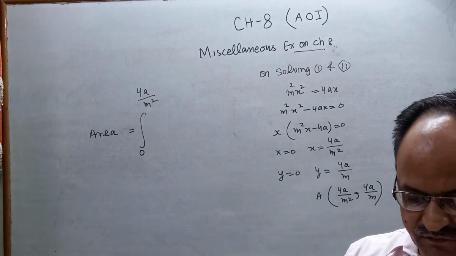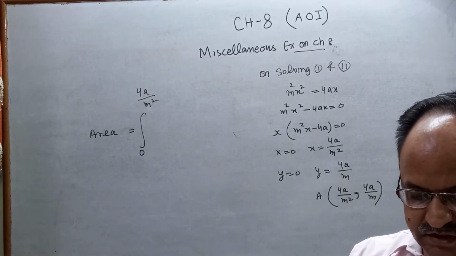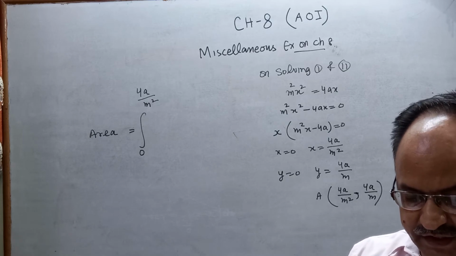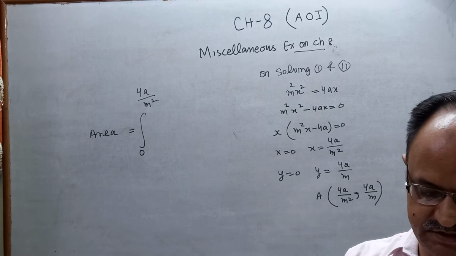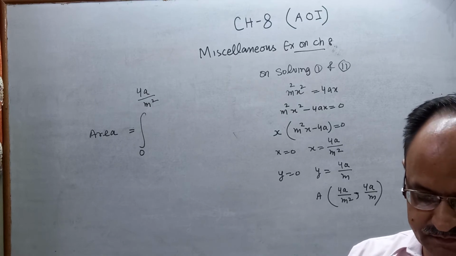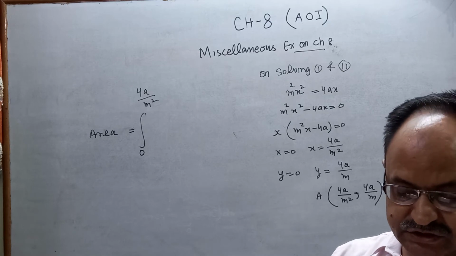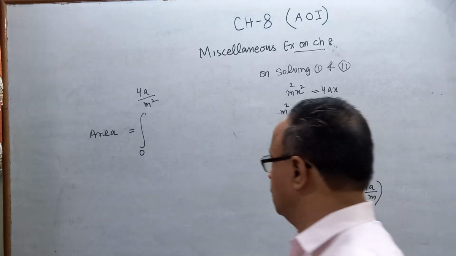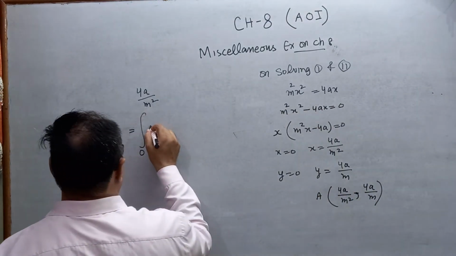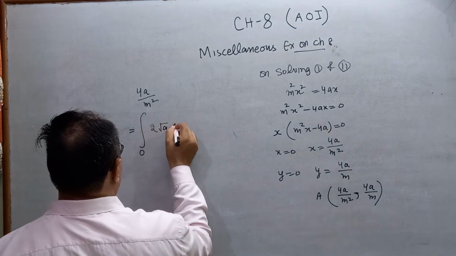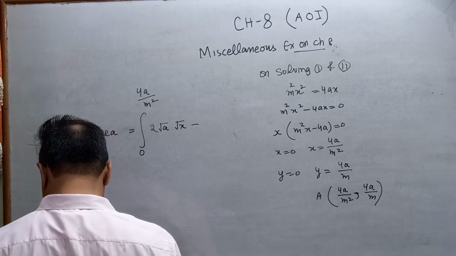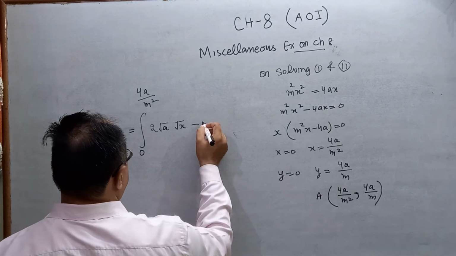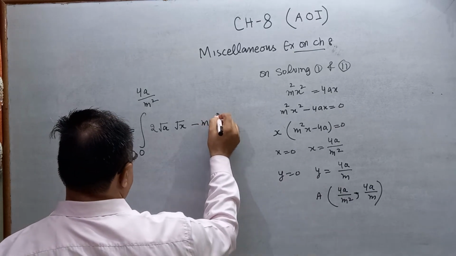Parabola y square is equal to 4ax, and from it the value of y is 2 root a root x, minus the value of y from the line, that is mx.